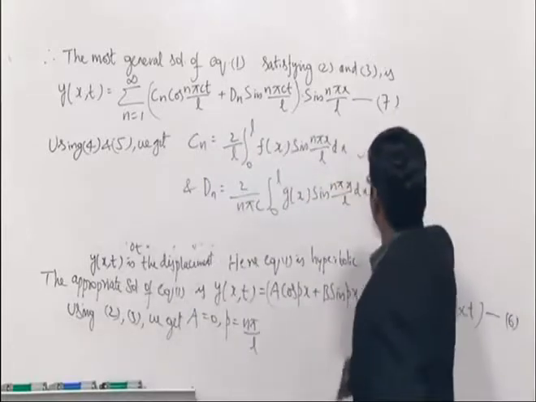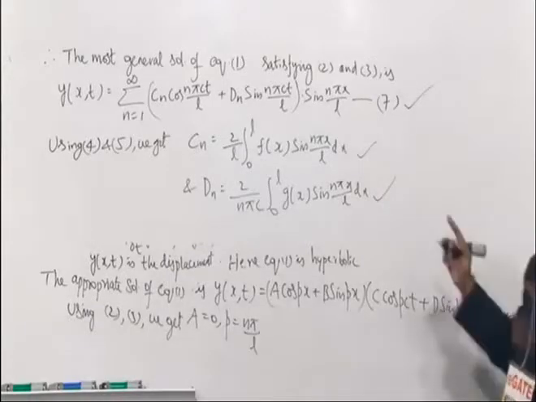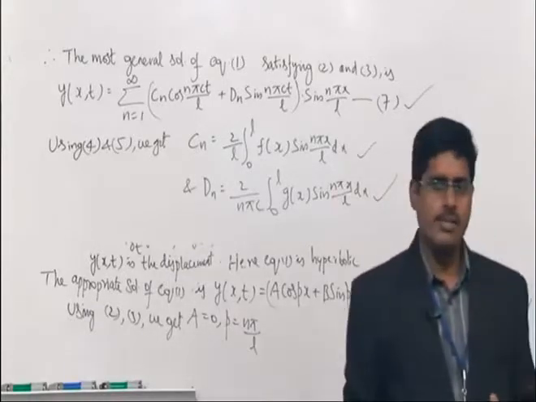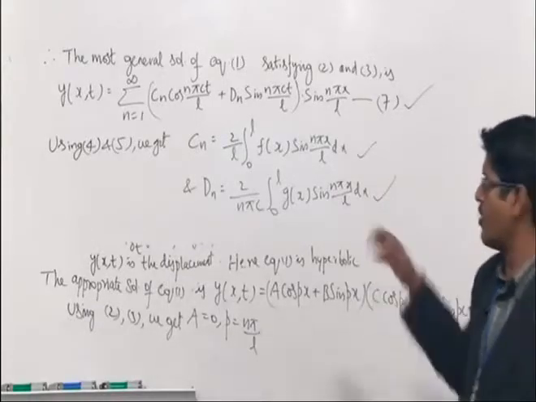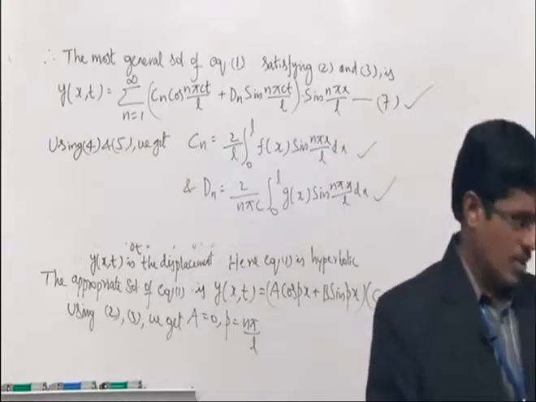Remember Cn and Dn, and equation 7, that is sufficient, and equation 6 and the given partial differential equation. You just learn by heart, that is for 2 marks, 1 marks. Proofs are available in the textbook; you just refer to the standard textbooks.